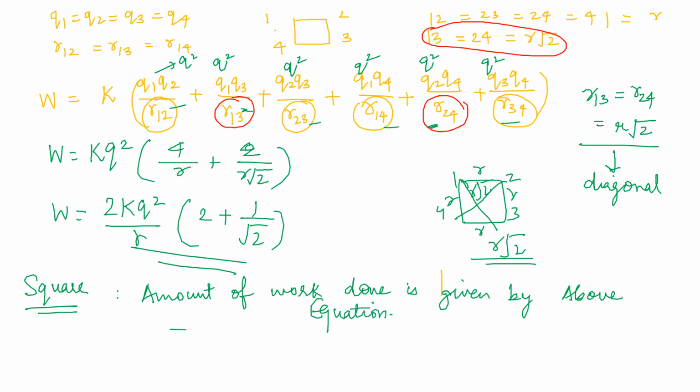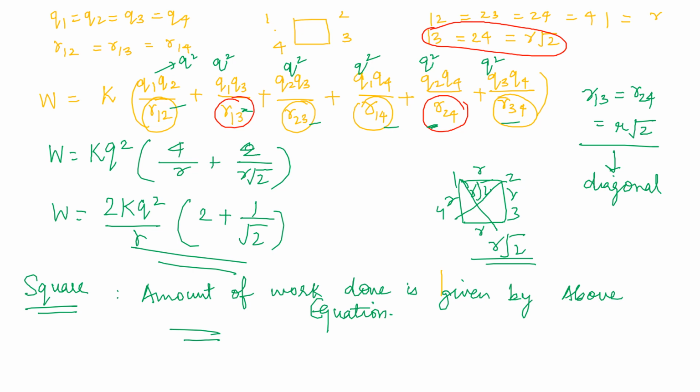I hope you have understood the concept of the electrostatic potential energy which we determine for a given system of charges. We can extend it a little more to n number of charges also, but that is beyond our syllabus.